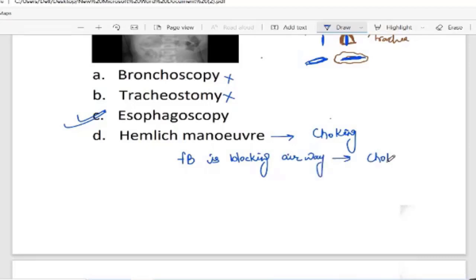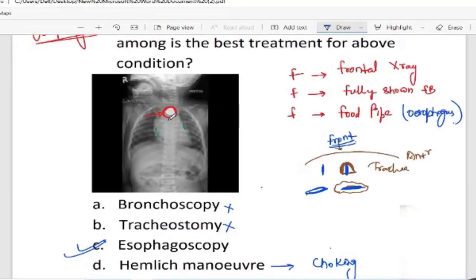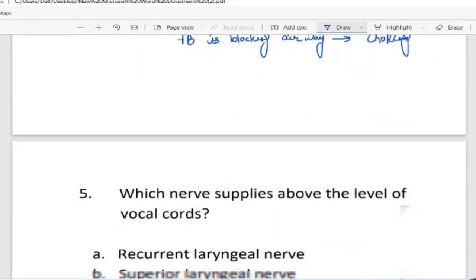In that case, we hold the patient from behind and put pressure over the area below the sternum, the lower part of the sternum, a positive pressure so that the foreign body can come out. So the Heimlich maneuver is used whenever there is choking, whenever the foreign body is blocking the airway. But looking at this picture, the foreign body is already in the esophagus, so there is no use of the Heimlich maneuver. We have to do the esophagoscopy and remove the foreign body.